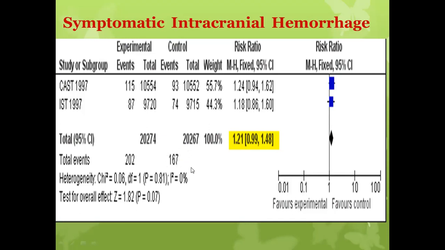It's 167, a little less than 300. However, look at the number of subjects. It's 41,000. So a difference that I cannot measure with 41,000 subjects is not that significant or of value. So mostly aspirin doesn't increase the risk of intracranial hemorrhage in patients with ischemic stroke.